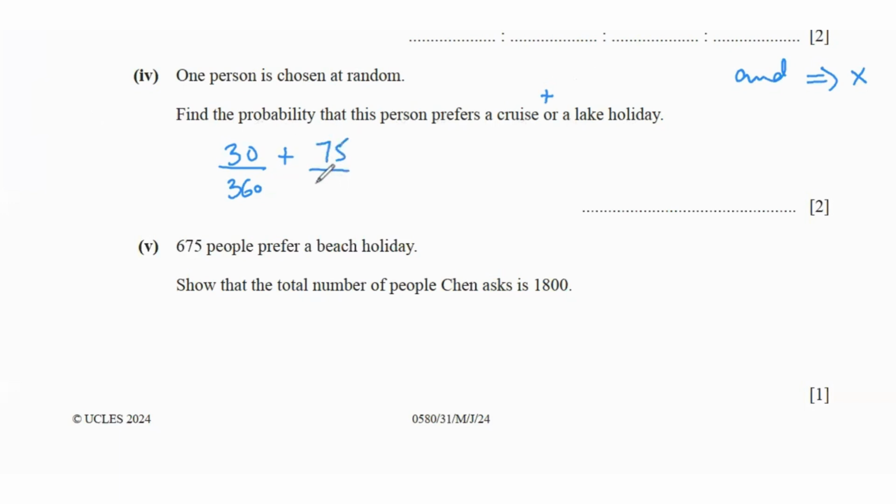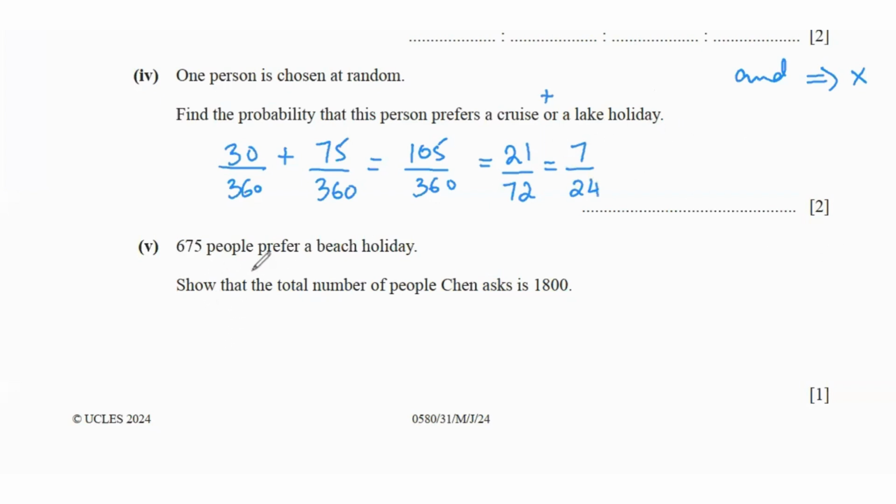So plus 75 over 360, which is basically 105 over 360. Simplify this, that's going to be 21 over 72, which is 7 over 24. That is the probability that the person prefers a cruise or a lake holiday.